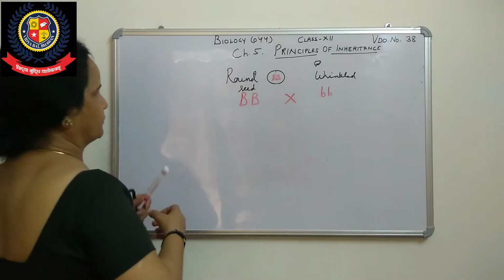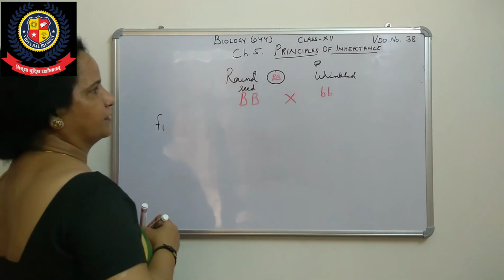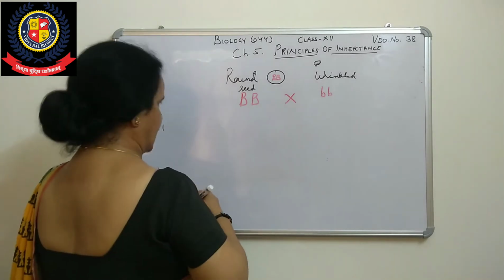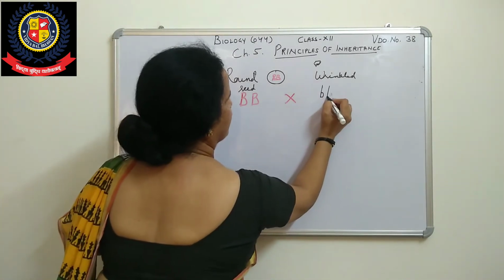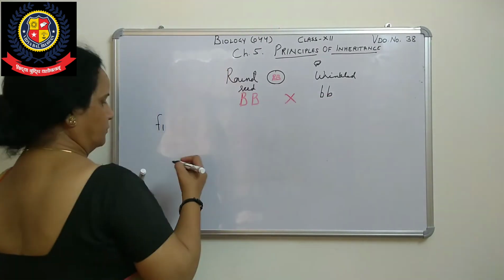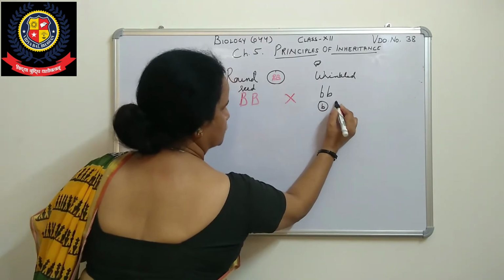Now in the F1, the first filial generation, what will we get? First we will find the gametes. We can write here with the black pen; that is a recessive. Now we first prepare the gametes, so there are two types of gametes.